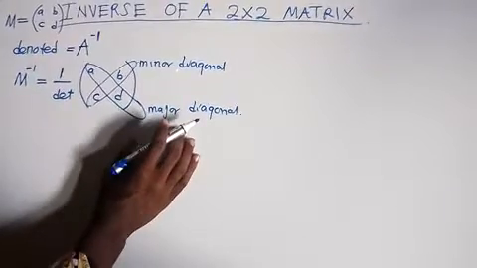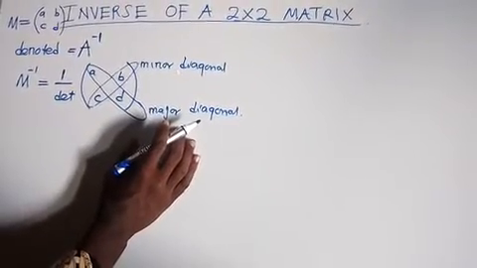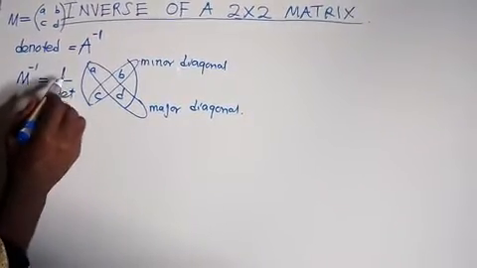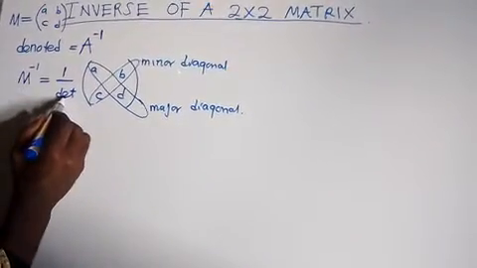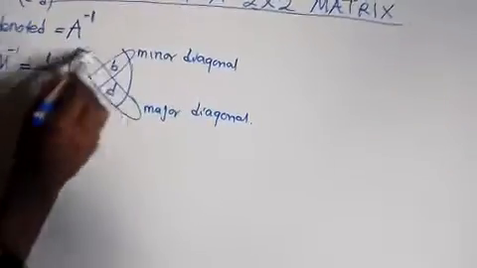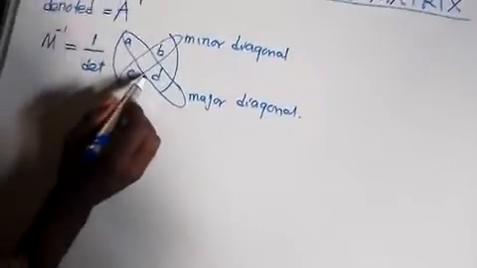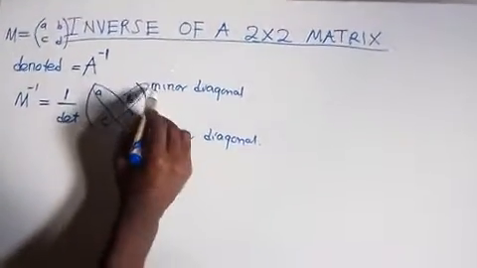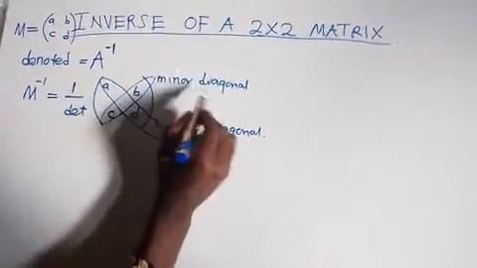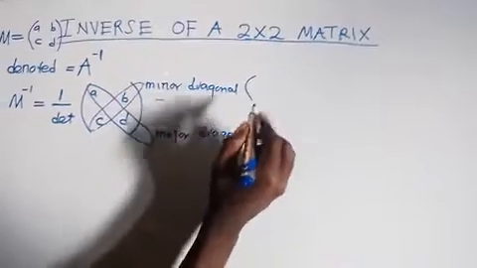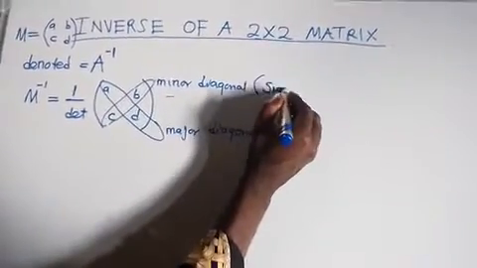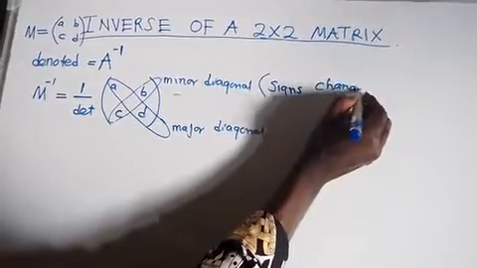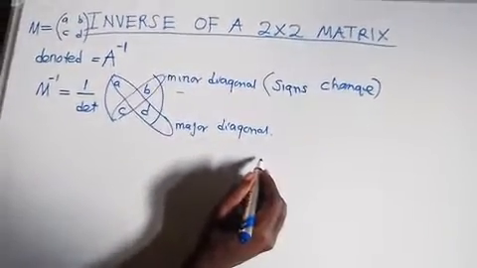These are the 2 points that you need to understand. Before you multiply with the scalar, you multiply this scalar to the numbers inside this. What you need to know is that in the minor diagonal, signs will change.